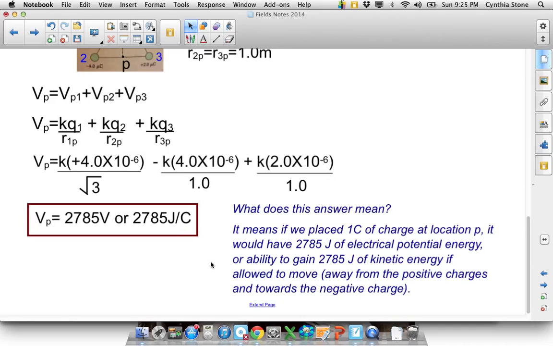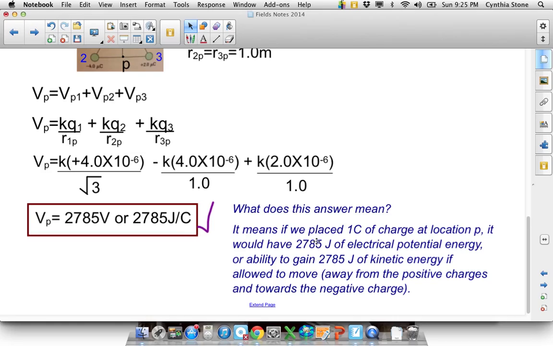And you get an answer, and like I said, the answers are usually in the range of 0 to a few thousand volts, so that's not an unreasonable answer based on what I told you. And can we try to understand what it means? What that's telling me is that 1 coulomb of charge located right here would have that much potential energy.